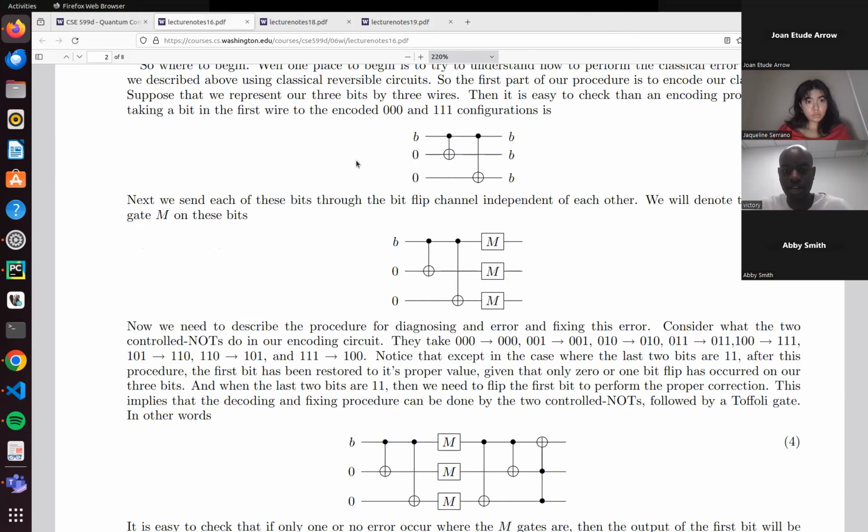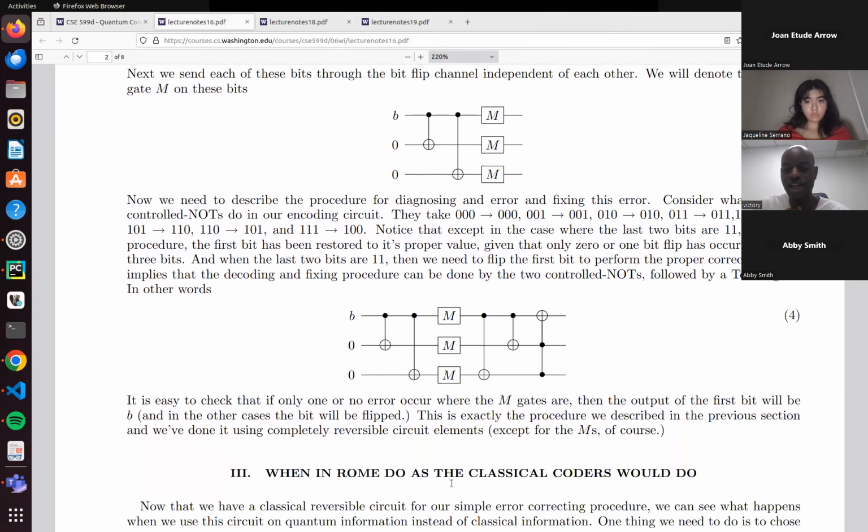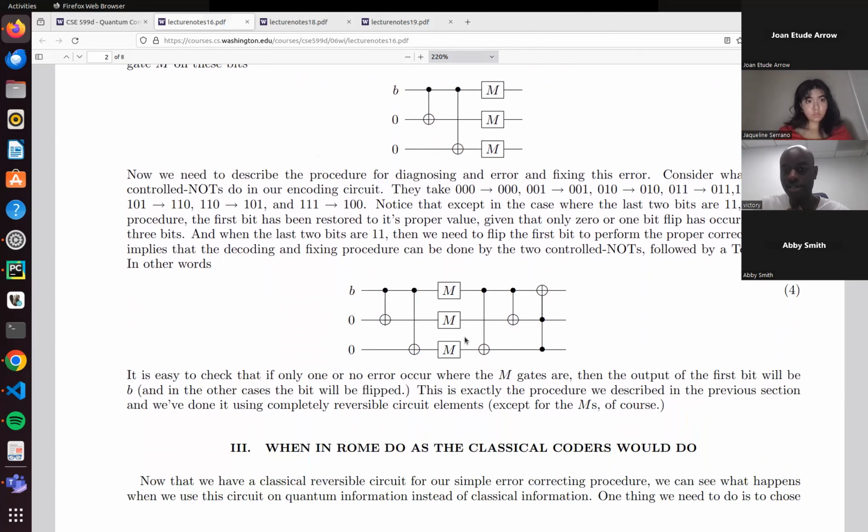So you can quantize your classical error correction code. Basically, what this goes through is how to write the classical error code on a classical computer. The M's stand for errors. We've seen those little gates that have the little circle plus through them.